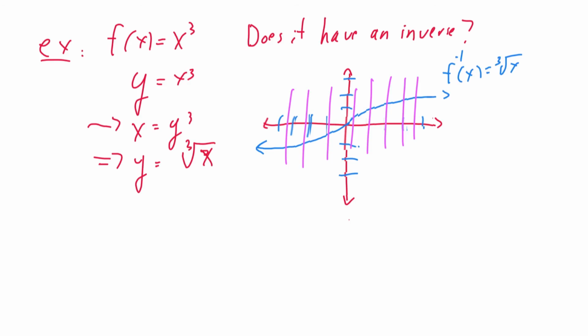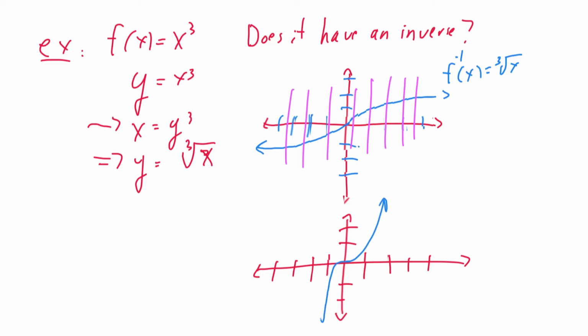And this is also manifested by looking at the horizontal line test on f of x. So here is f of x equals x cubed, and this passes the horizontal line test.